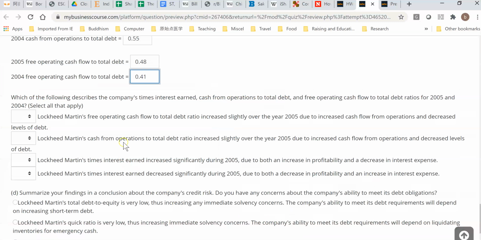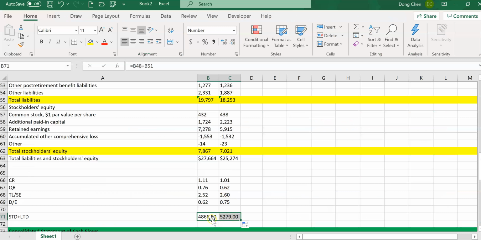Going back to the question, it says the free operating cash flow to total debt ratio increased over the year due to increased cash flow from operations and decreased levels of debt. So let's see whether the levels of debt have decreased. That's correct, because this is the earlier year 2004 and this is 2005. It decreased from more than $5,000 to less than $5,000.